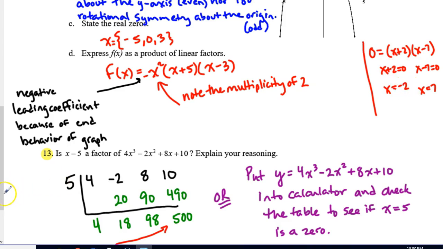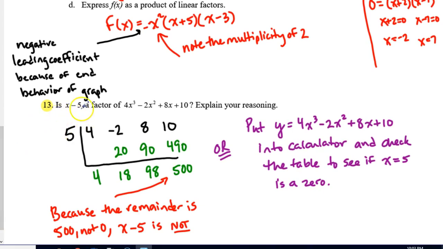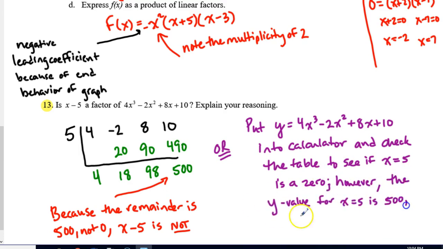So if x minus 5 is a factor, x equals 5 would have to be a 0, right? I would look on the table at x equals 5 and I would see 0. However, when you do that, you will see that the y value for x equals 5 is 500.